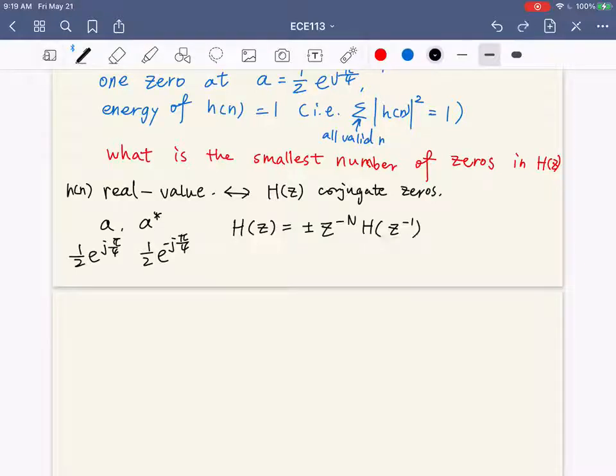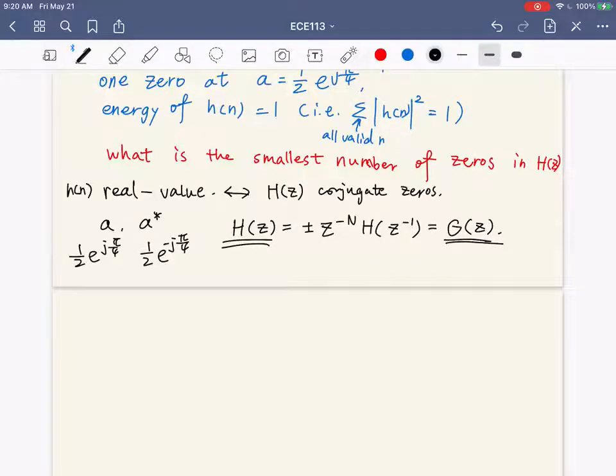It means that if we take all the things on the right as a whole expression, the left-hand side and the right-hand side should have the same values given the same Z, right? So let's write it down as, for example, G of D. Okay, so you see that H of D and G of D should have the same zeros, right?